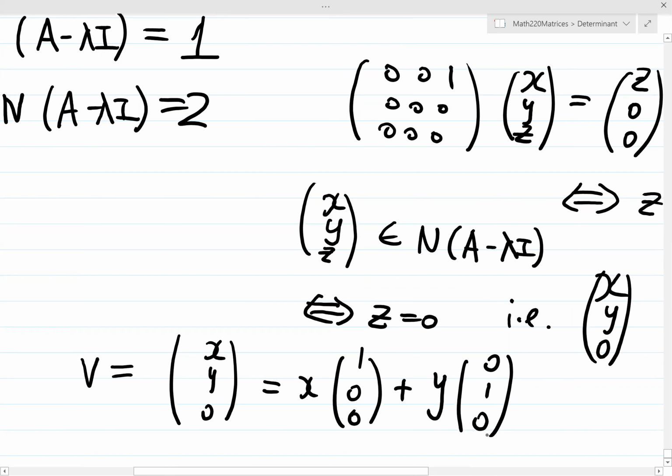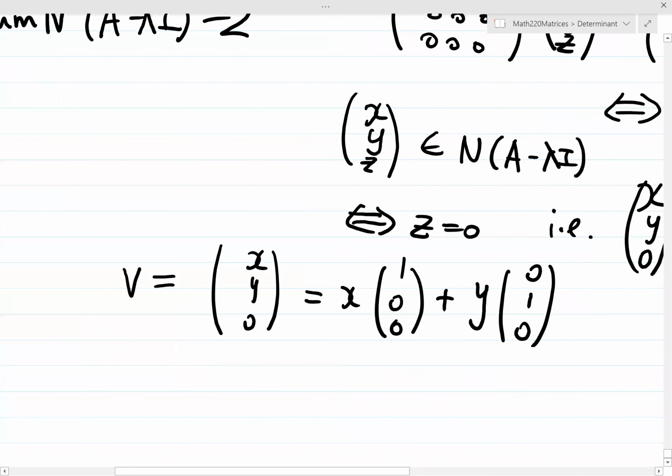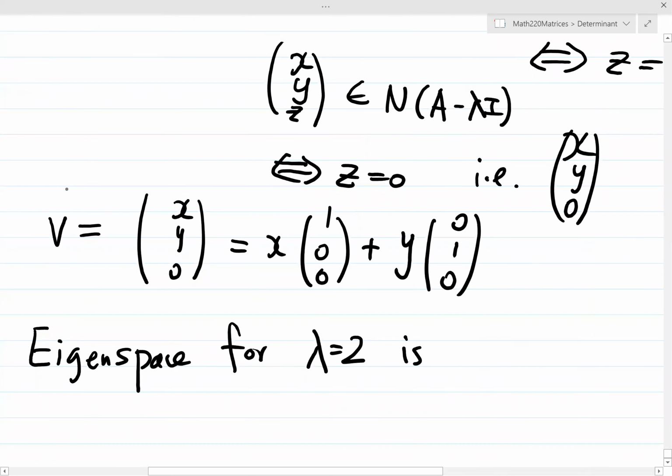So the eigenspace for this eigenvalue, eigenvalue 2, is the xy plane, 2-dimensional.